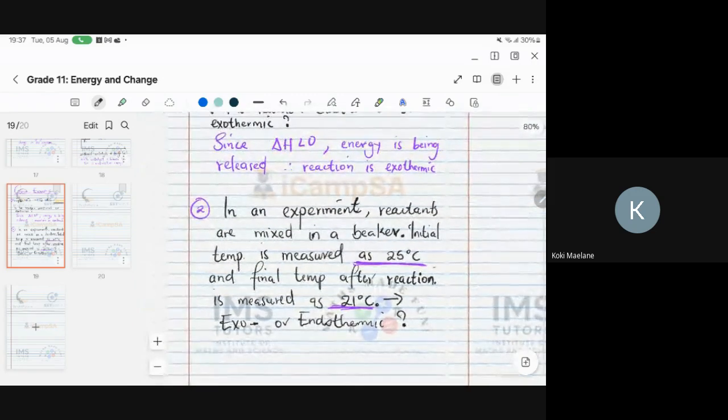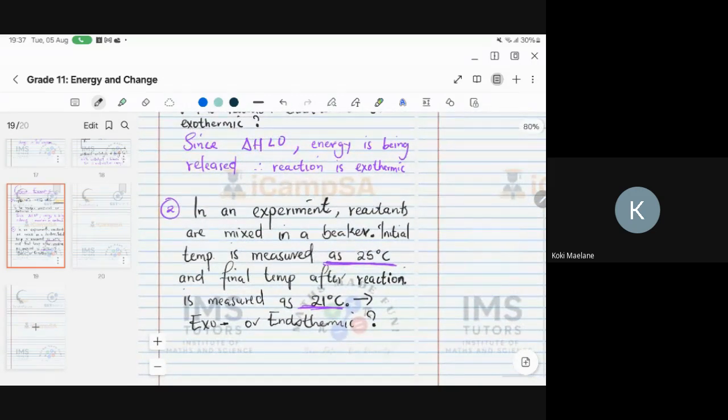So again, in this experiment, you have reactants that are mixed in a beaker. The initial temperature is measured as 25 degrees Celsius. Remember, when you measure this temperature, you are measuring from the environment. You are not in the reaction. And then the final temperature is measured as 21 degrees Celsius.